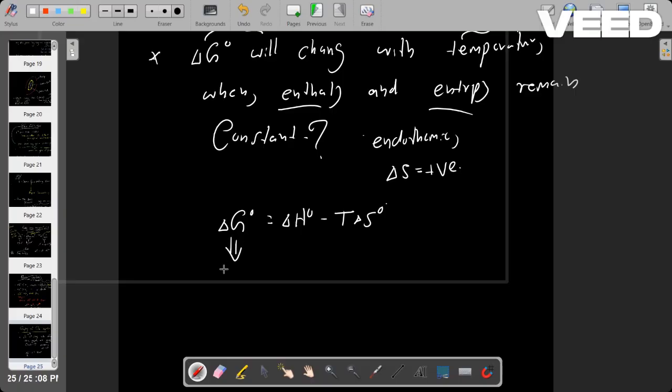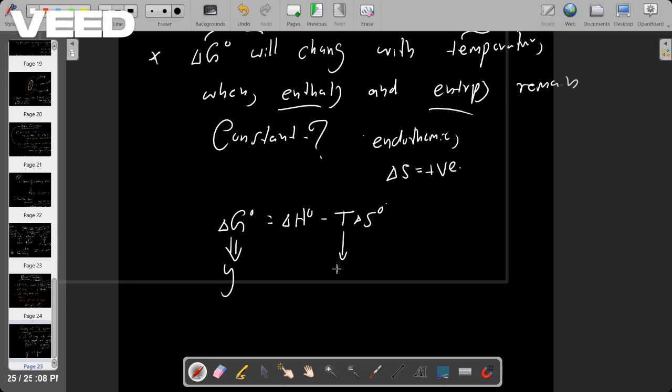I will make delta G the y variable, and temperature is the x variable, and these are constant values.